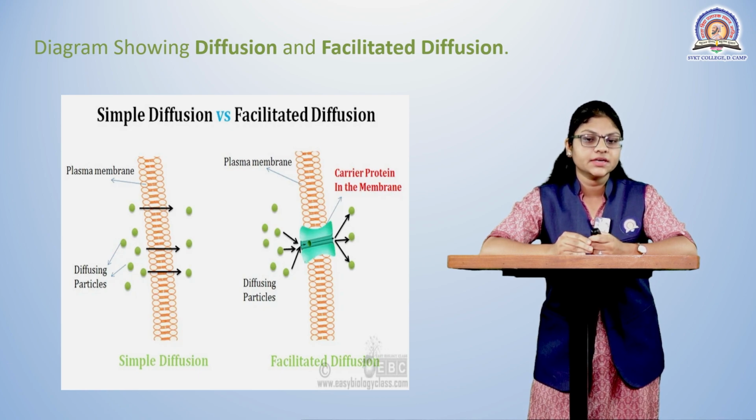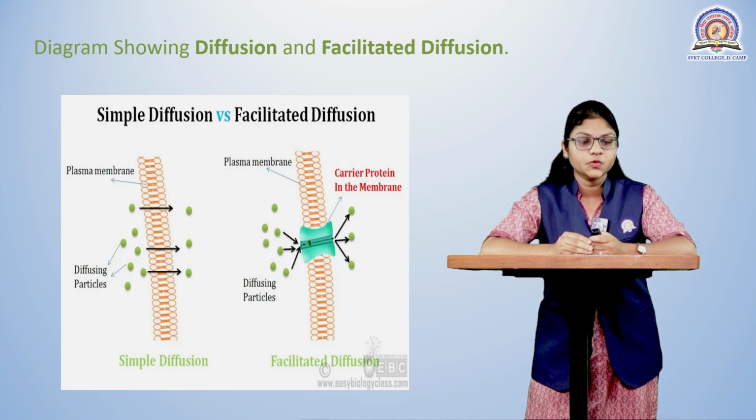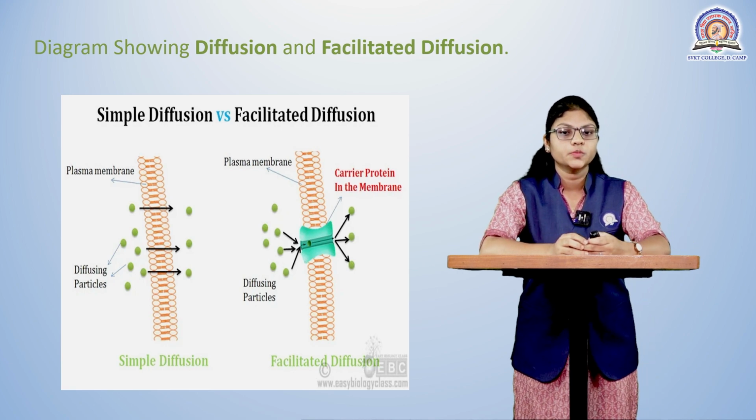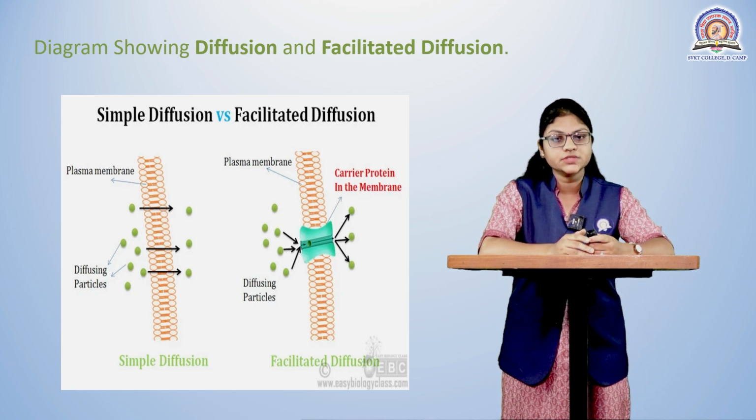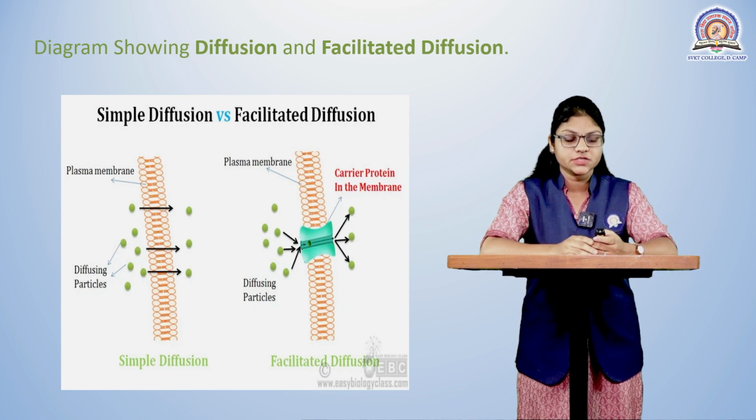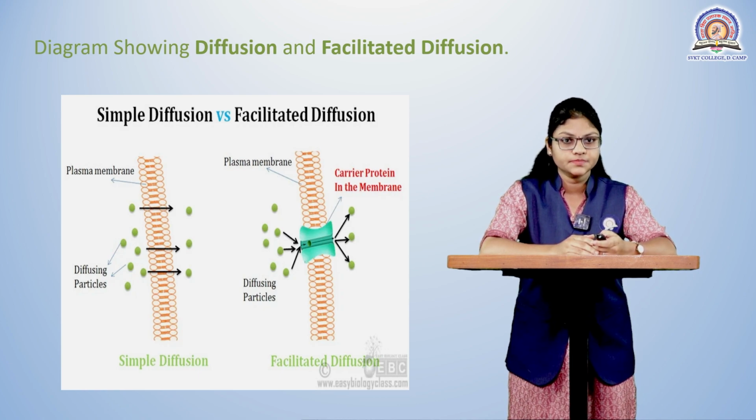But in facilitated diffusion, the diffusing molecules require a carrier protein to pass the membrane. The carrier protein helps pass the molecules from their high concentration to their low concentration level.